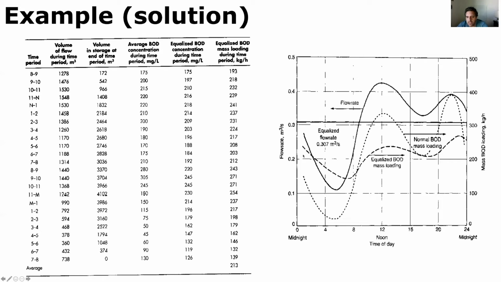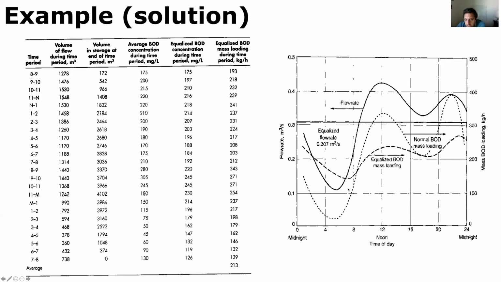All right, so you see in the plot here, what's coming into the tank, right? The normal BOD mass loading, which is shown here in the dotted line, has much higher peaks and lower valleys than the equalized BOD mass loading, which is much more dampened.